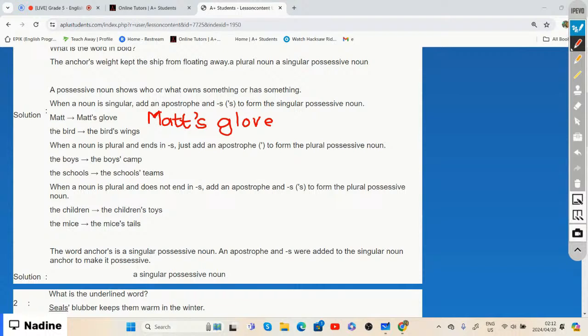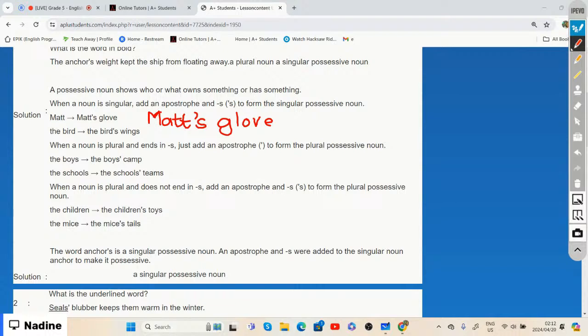And then the schools. Schools refers to more than one school. So if we are maybe talking about schools that are competing against one another, and we want to talk about their teams, then with schools, we're going to put an apostrophe only at the end of schools to show possession when it comes to more than one school.